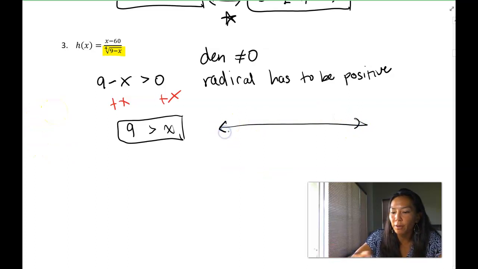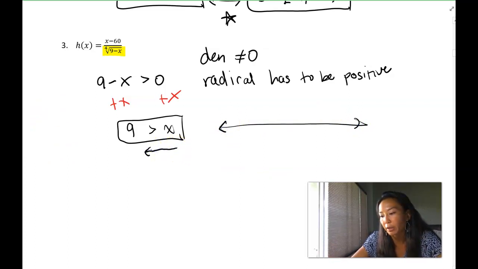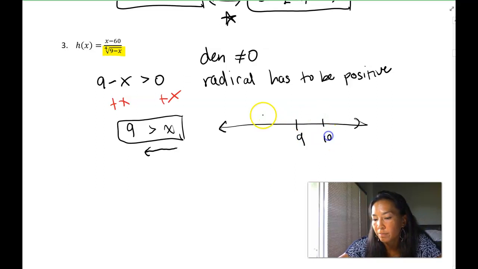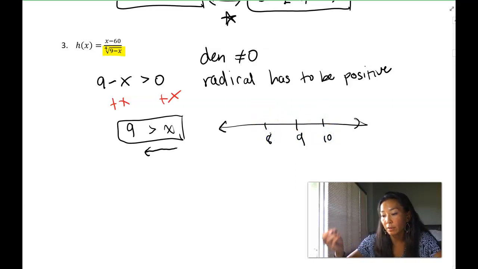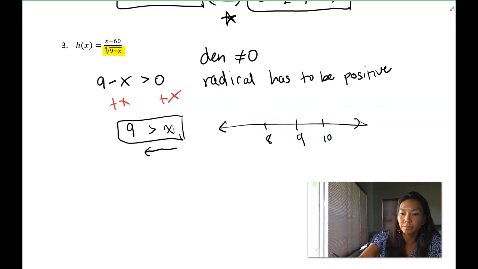It's a little bit different because my x is on this side, so you read from where your x is. x are all the values that are smaller than 9. So here's 9. What are the values that are smaller than 9? I'm going to put an open circle right at 9 and then shade all the values to the left.